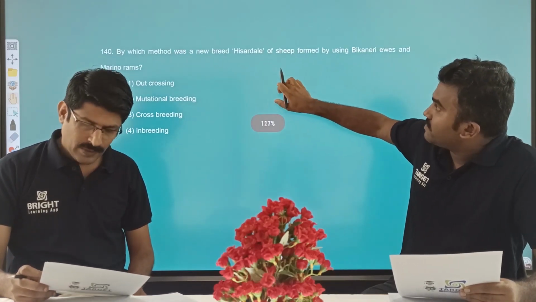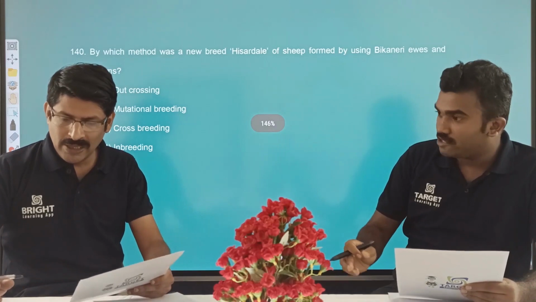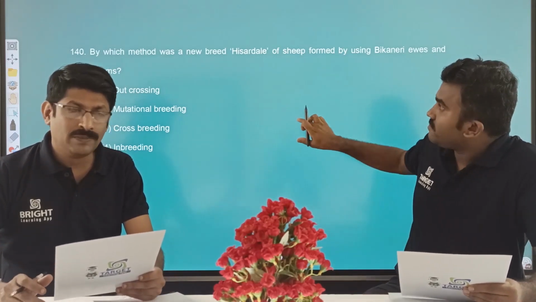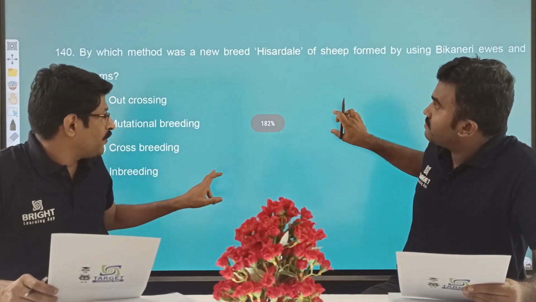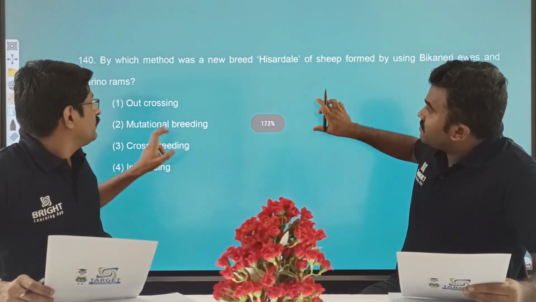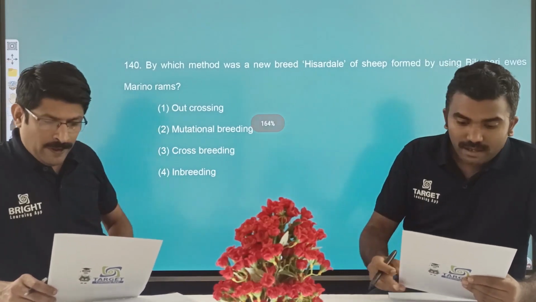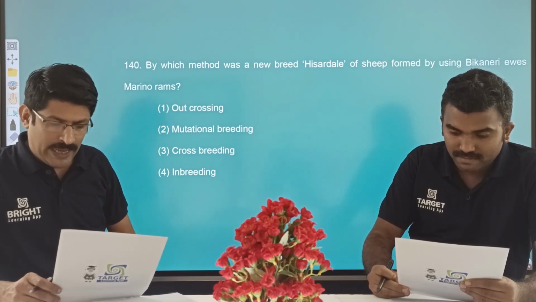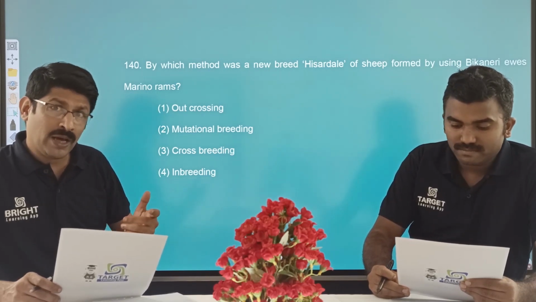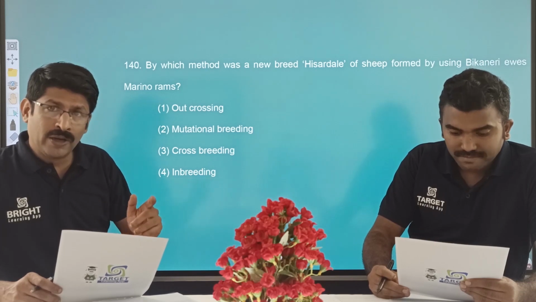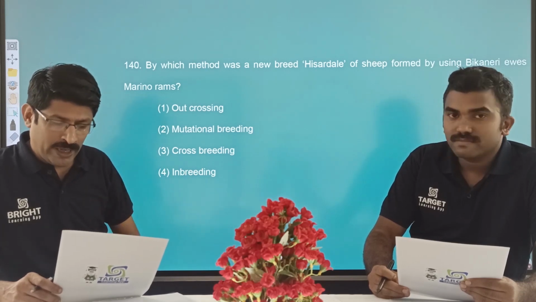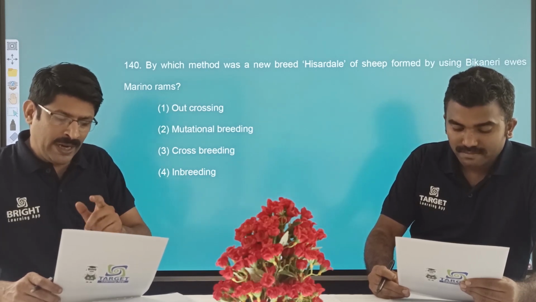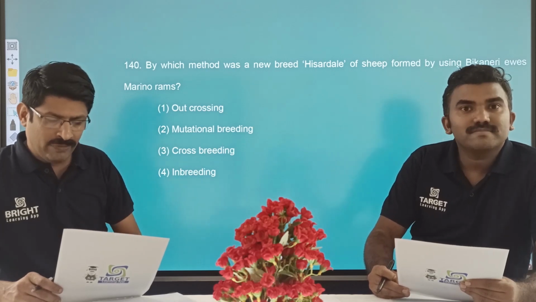140th question. It is from strategies for enhancement of food production. The question is, by which method was the new breed of sheep, Hisardale, developed? Hisar is in Haryana, where the research institute is located, and the sheep was made using Bikaneri ewes and Marino rams.